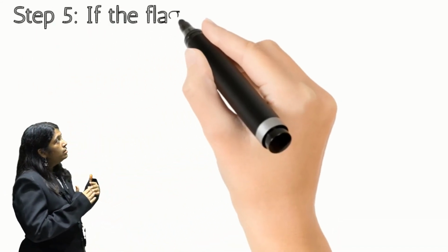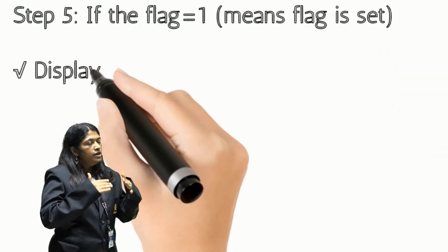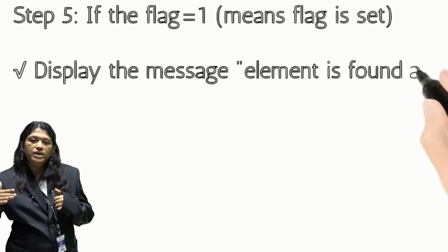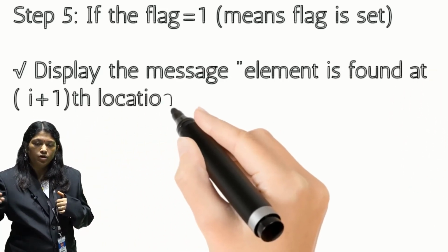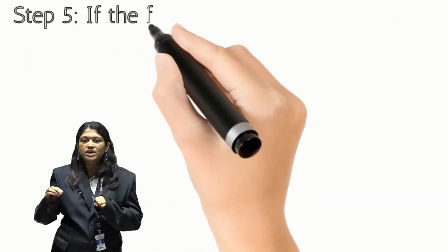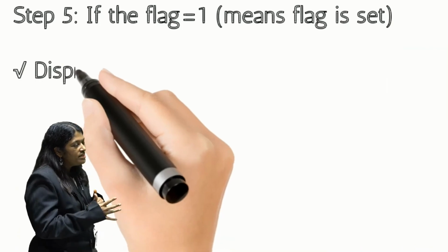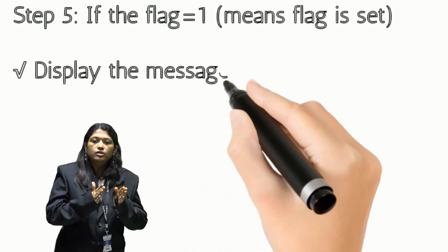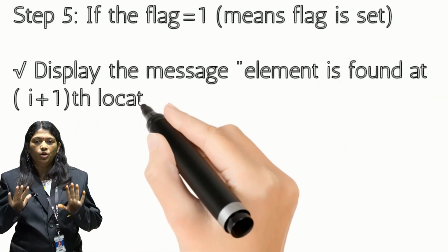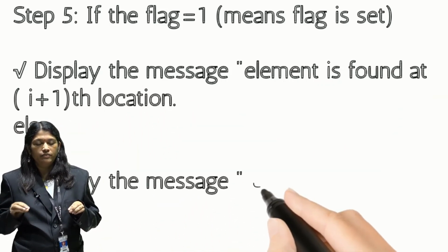Now the algorithm's fifth step, step number 5. If your flag is set, meaning flag is equal to 1, the element is found, so display the message that the element is found at the (i+1)th location. If the flag is not set, meaning the flag's value is 0, the element is not found, and the message is displayed on your screen.